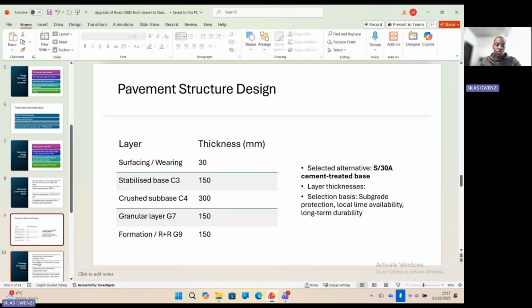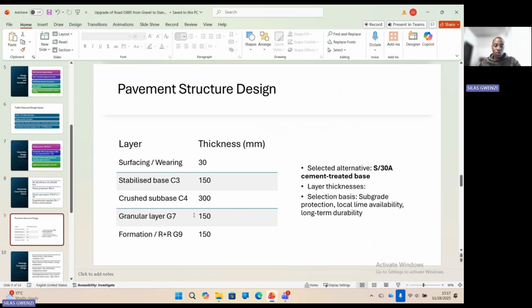The pavement structure design was based on the TRH4 guidelines, considering the subgrade strength, traffic load, and local material availability. The selected alternative is the cement treated base, and the pavement layers are as follows.